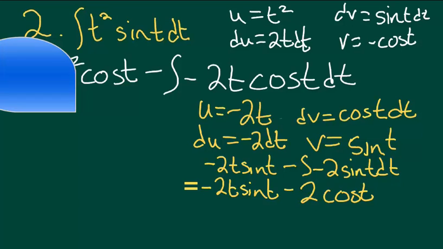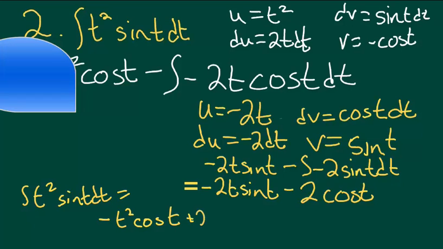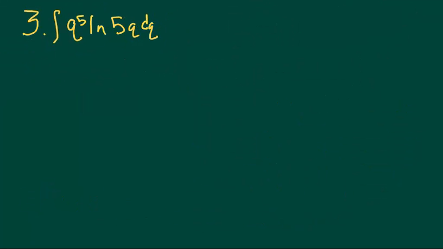So what we'll have is the integral of t squared sine of t dt equals negative t squared cosine of t plus 2t sine t plus 2 cosine of t plus c. And there's your answer.